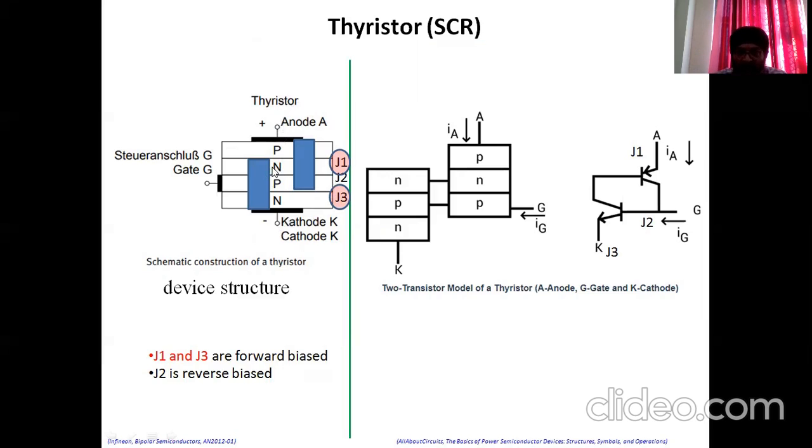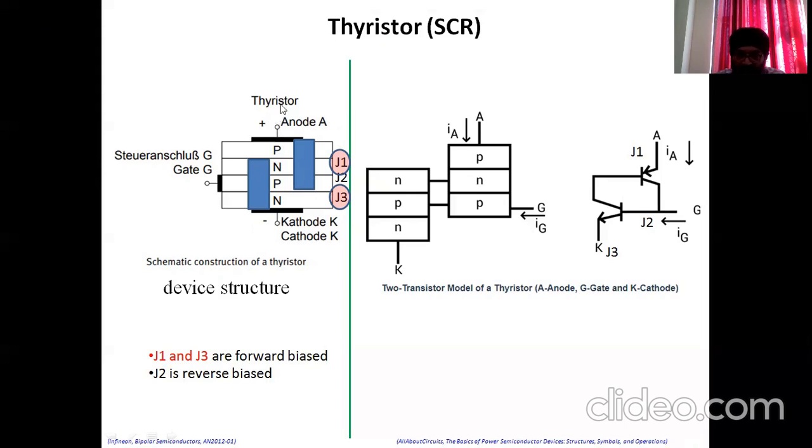Now N and P, due to the reverse charge carriers, the breakdown will happen, just like the reverse breakdown in a diode's case. This PN junction J1 is forward biased. This PN junction J3 is also forward biased, because N is more negative compared to this positive. Now this N is more positive compared to P, which is more negative.